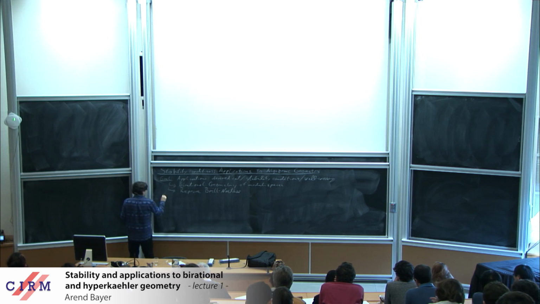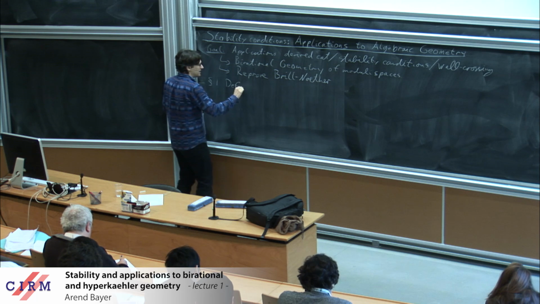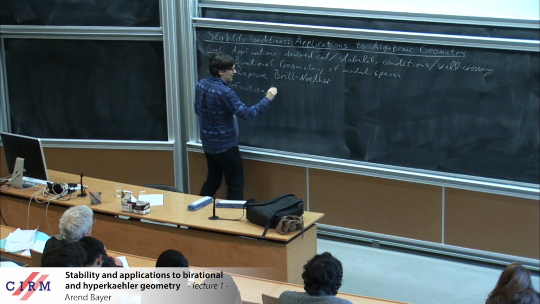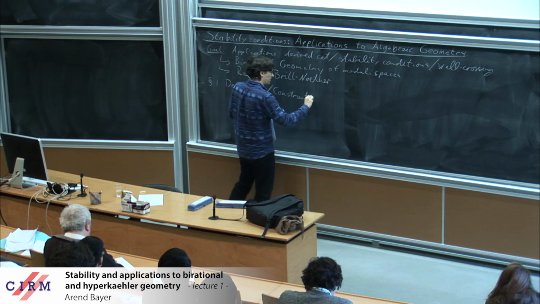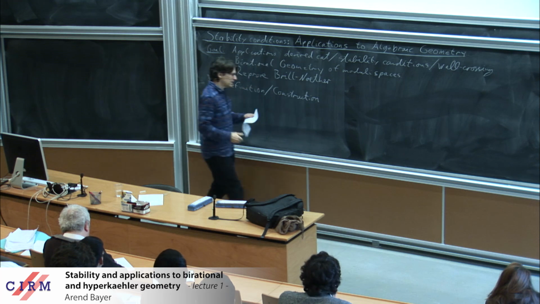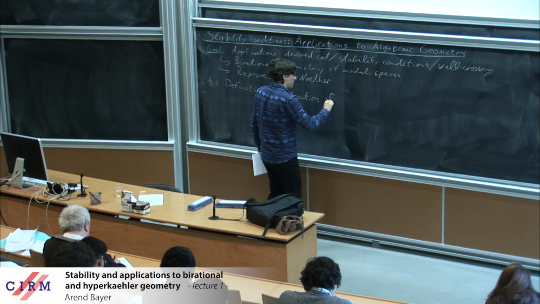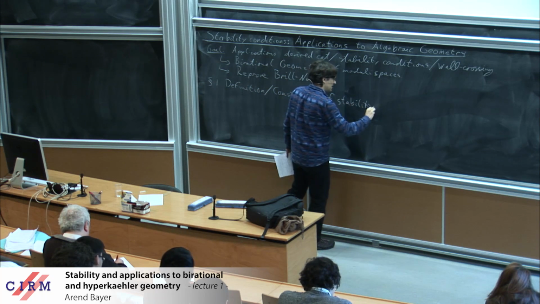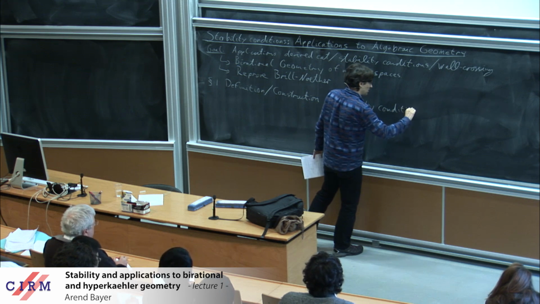The derived category machinery that one needs is fairly minimal: no DG categories, no A infinity structures, no higher categories.